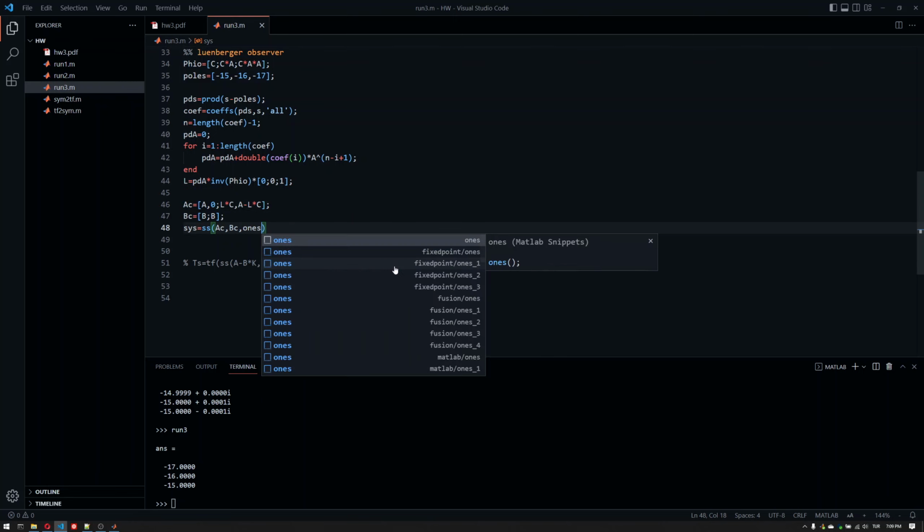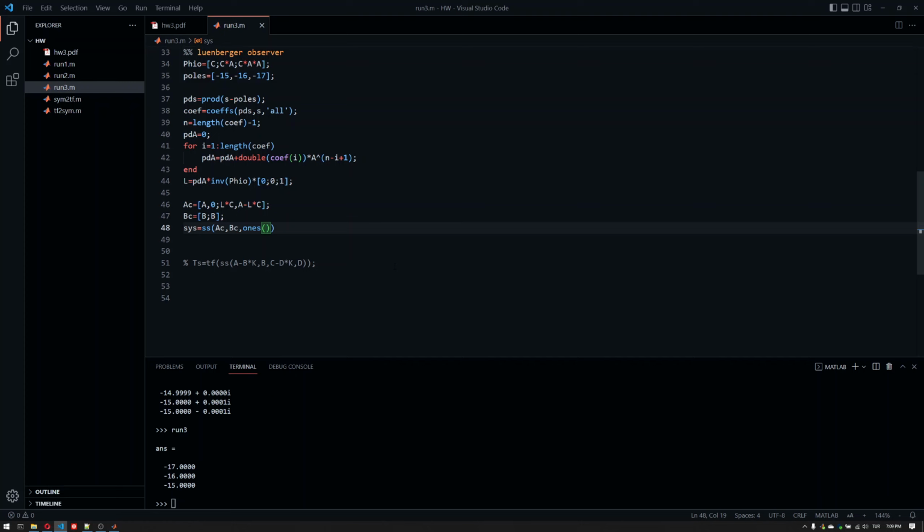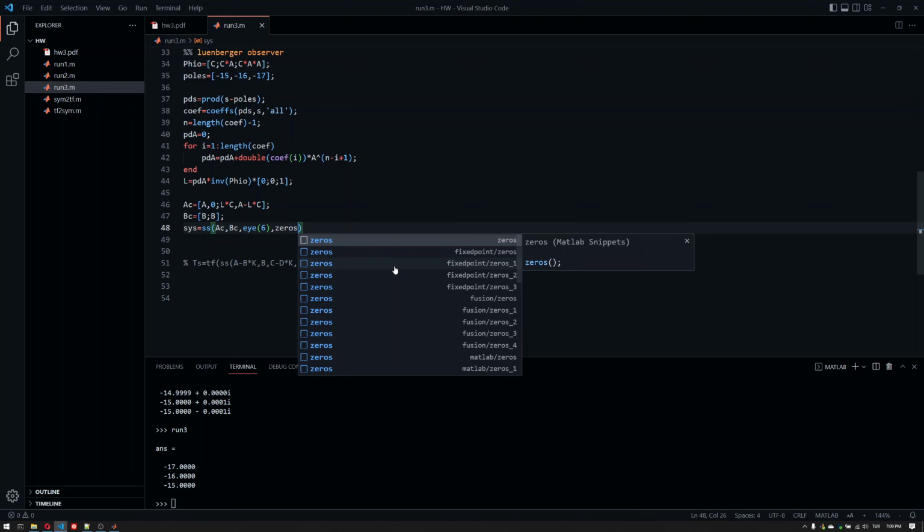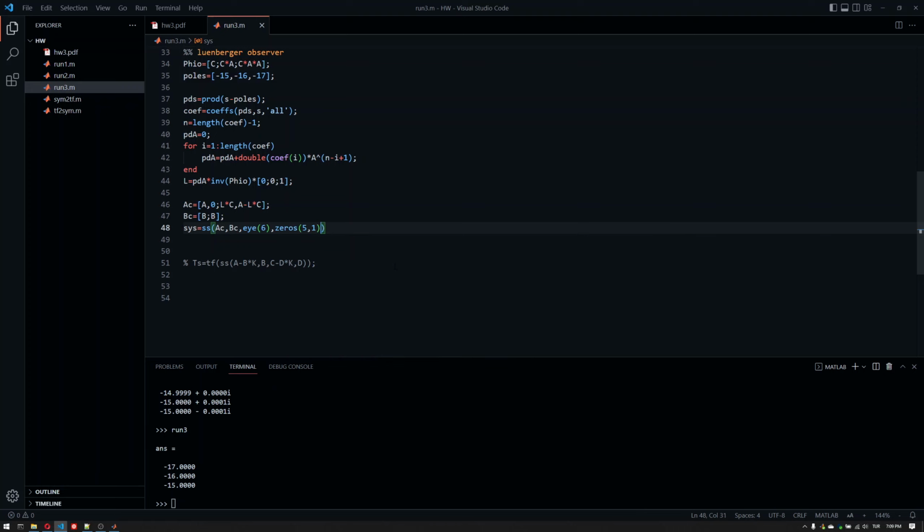And then I'm going to provide an identity matrix of size 6. The reason for that is 3 states of the original system, 3 states of the observer. And then we will have a zeros matrix 6 by 1, because D is already 0, so I'm not going to bother with that. As far as I remember, yeah. So it should be 6, not 5.